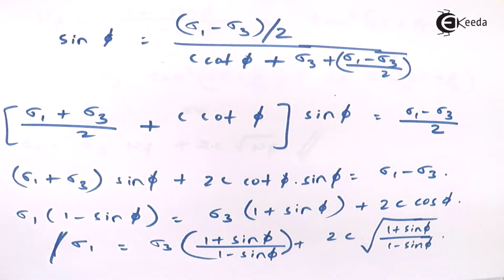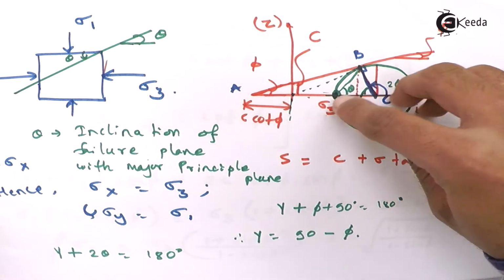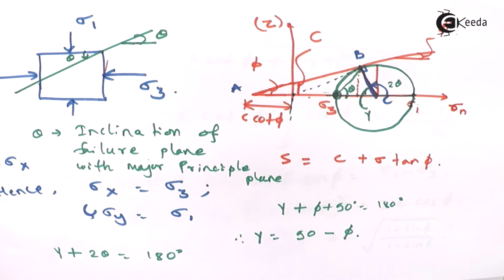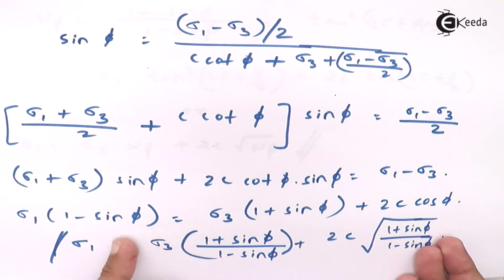But again, from the Mohr circle you can easily determine if it just touches the failure envelope as given by Mohr Coulomb. So this is the failure condition. We test the soil sample in the lab and take these C and phi values, and from the field condition you can take the sigma 3 value and correlate whether the sigma 1 at field is less or greater than the calculated value.